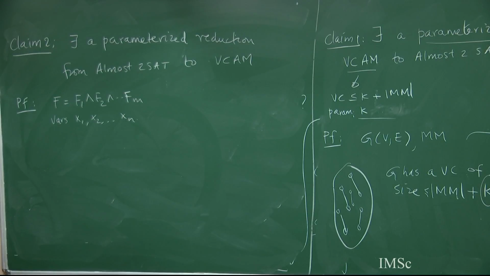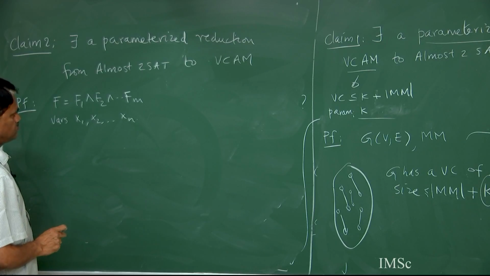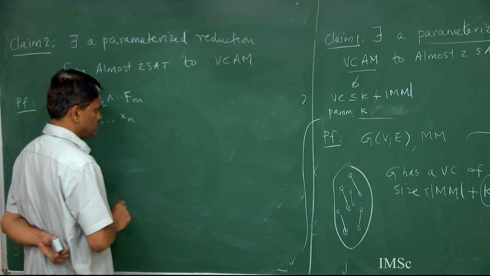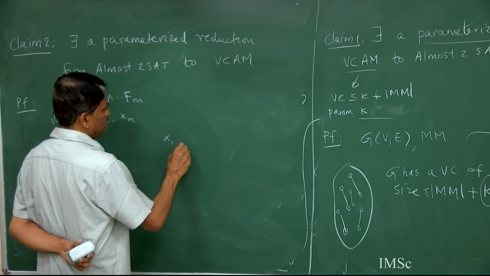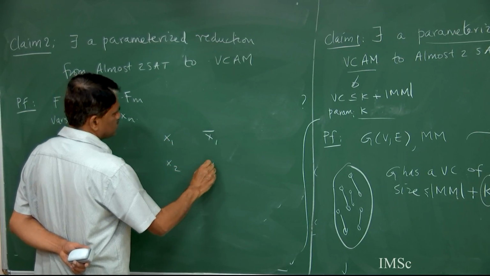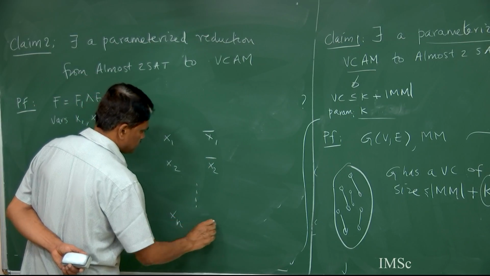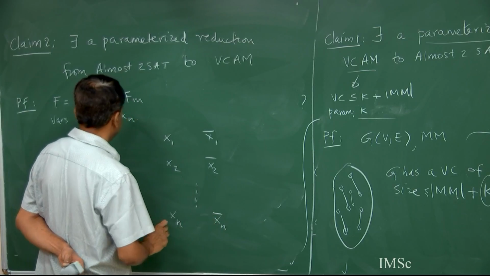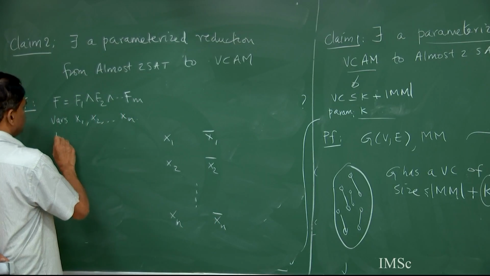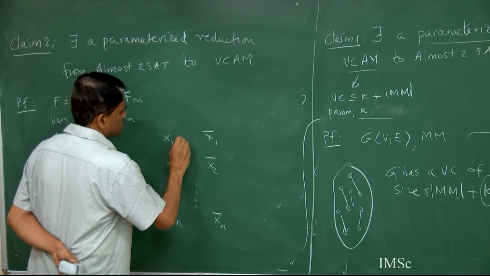Right. So my graph will have the following structure. x1, x1 bar, x2, x2 bar, and I will draw an edge between each variable and its negation.